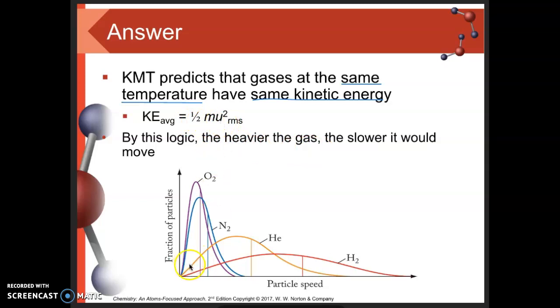And so what we can see is this is a graph of average particle speeds for different types of gases. And what we can see is that the lightest gases, hydrogen, have a faster average speed overall than the heavier gases like nitrogen and oxygen, which have a considerably slower speed.